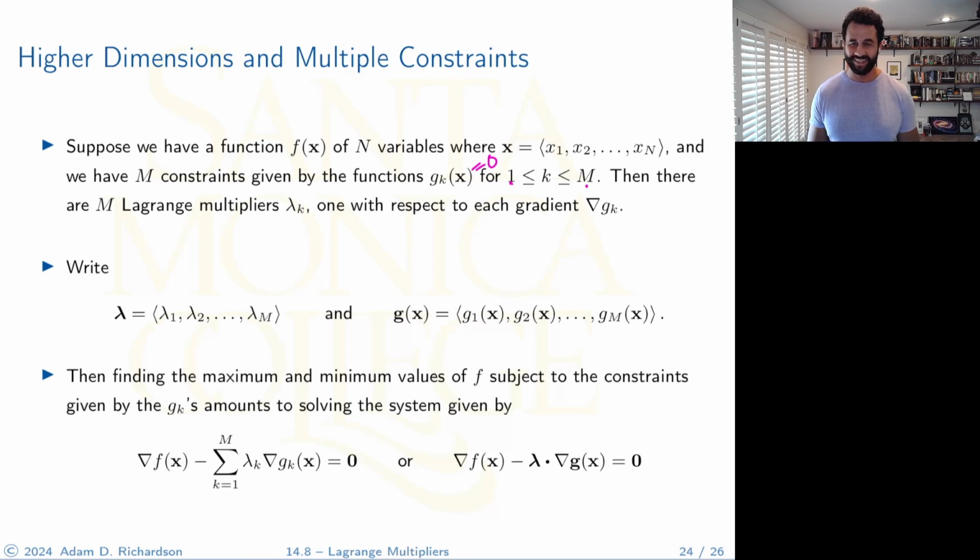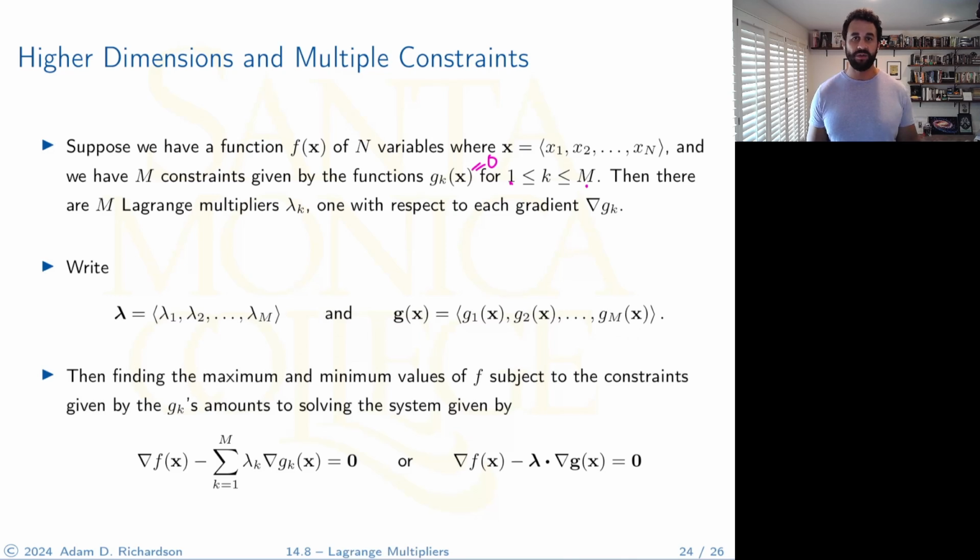To simplify the notation, because the result here is really quite beautiful, let bold lambda be the vector that contains all of the Lagrange multipliers. And let bold g of bold x be the vector that contains all of our constraint functions, so g1 of x, g2 of x, up to gm of x.